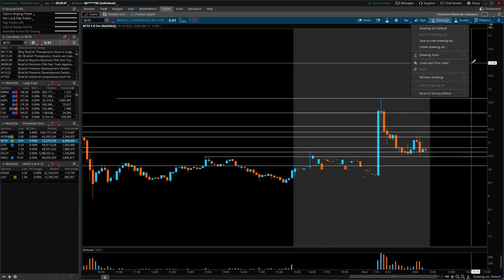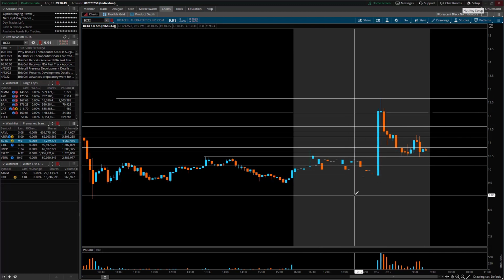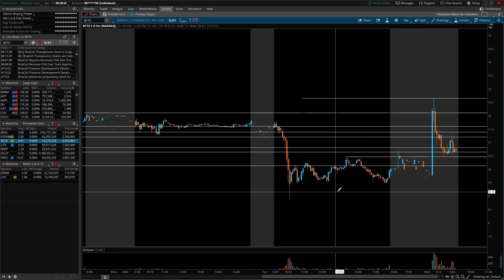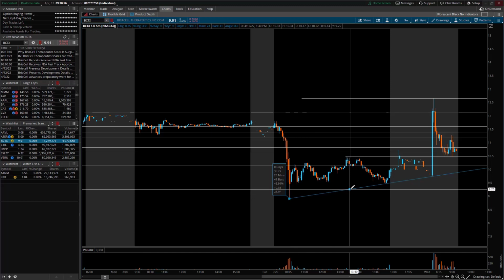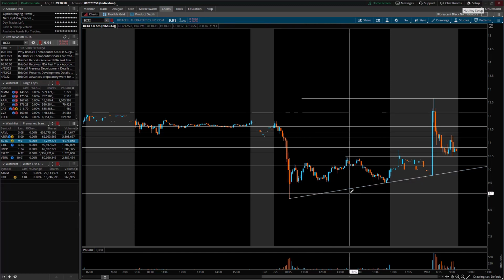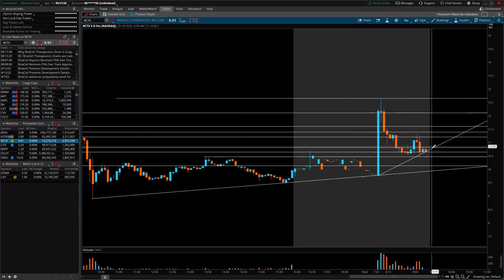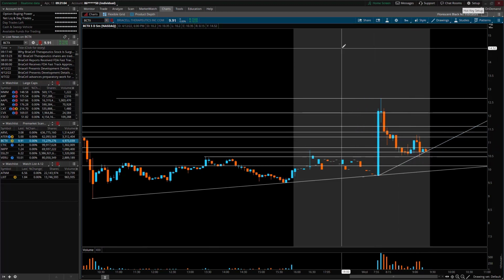And then I would just do a trend line right over in here, hitting these lows over here, and then I can go out right over in here. So I want to watch and see if price will continue up.